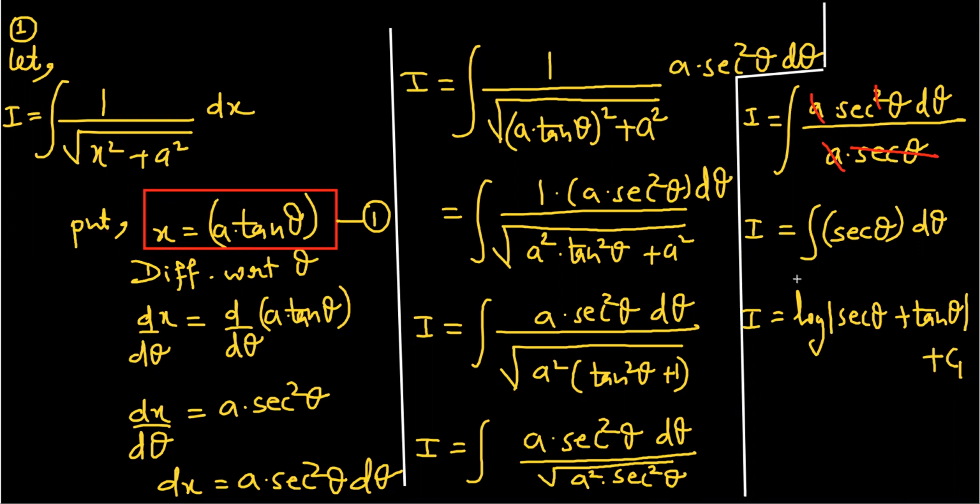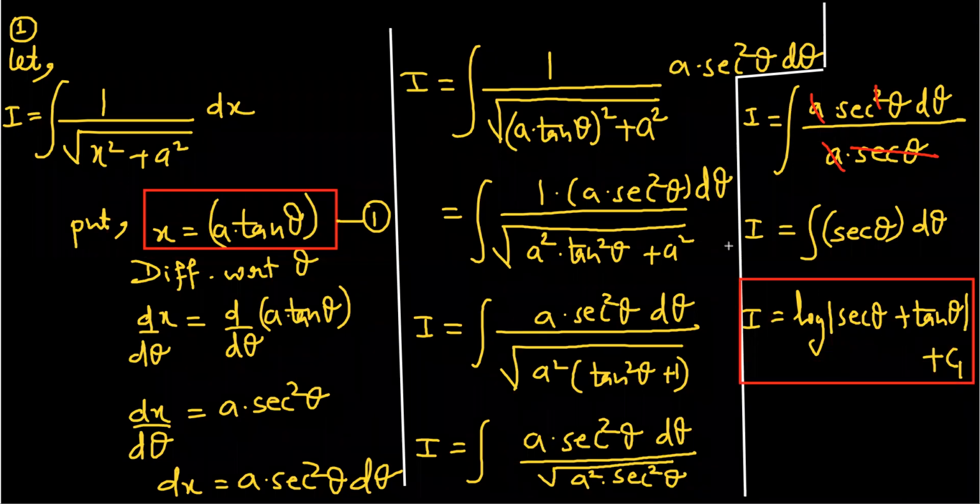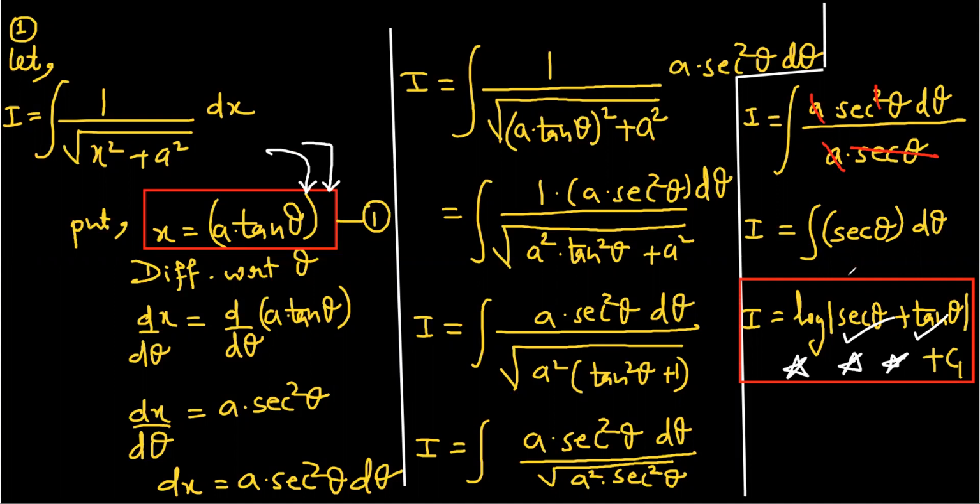At this stage, I'm having sec theta and tan theta. So from the substitution, I shall find out the value of tan theta and sec theta, and substitute them here. I cannot leave my answer in theta. I will have to convert the answer into x.